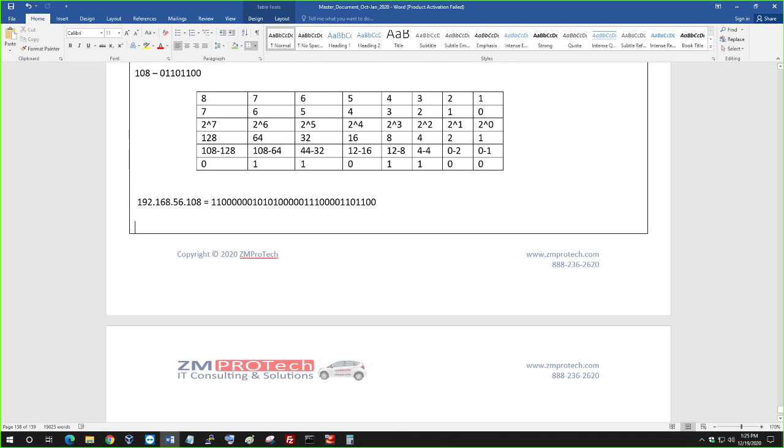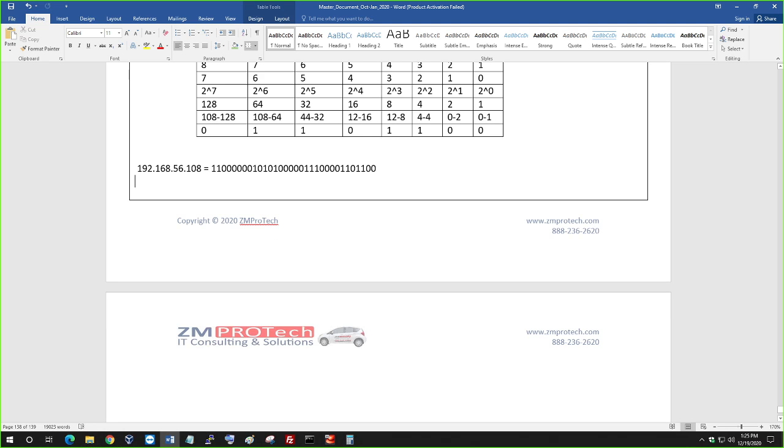All right, that's the information you need to know about IP addresses. Numbers are read from right to left.